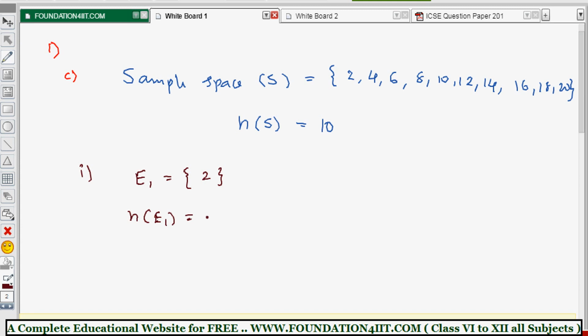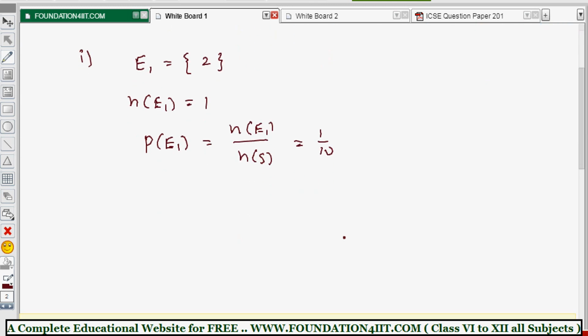So the card drawn is a prime number, favorable case is only one element. Then required probability: the probability of the particular event E1 is n of E1 by n of S, the sample space. So 1 by 10. So 1 by 10 is the probability.